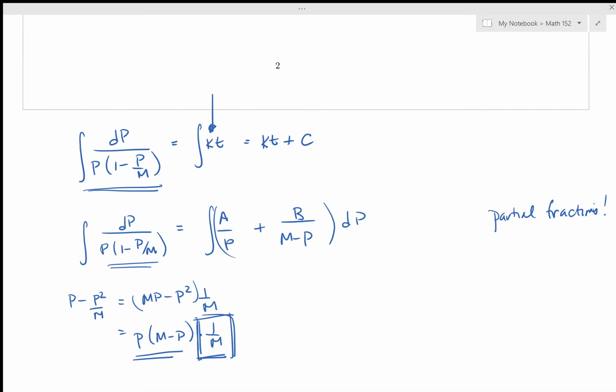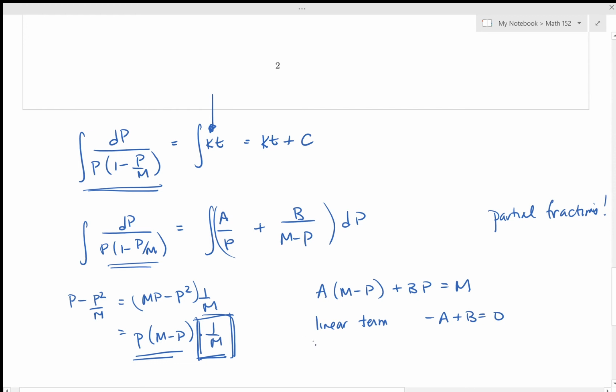Okay, so now I do the partial fractions, and I get that a times m minus p plus b times p has got to be equal to m. Looking at the linear term, I get the equation minus a plus b is equal to 0.